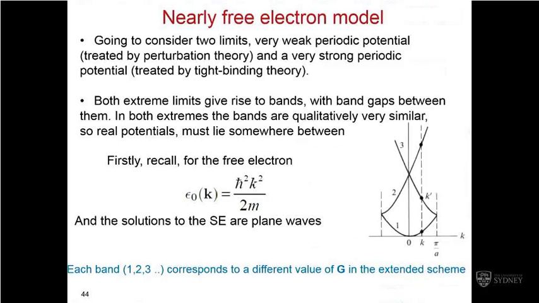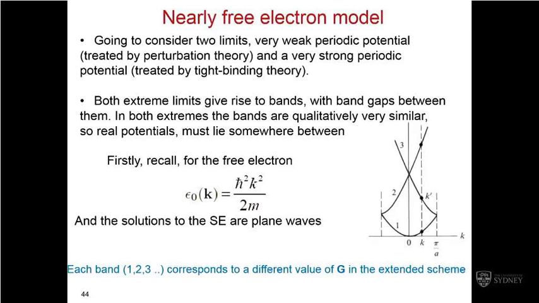We've introduced a potential, but we haven't really spoken about how big or what form that potential takes. So there are two approximations that we need to know about. One is called the nearly free electron approximation, where we introduce a very weak potential and we use perturbation theory to solve things.